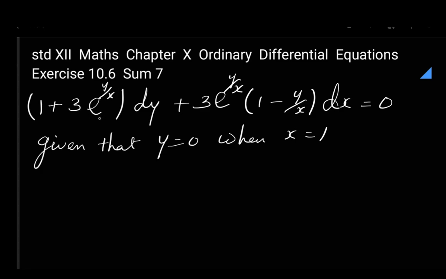So the degree of this term is also 0. Again here e^(y/x), y power 1, x power 1, so 1 minus 1 is 0. Again here y/x. So the degree of each term in this equation is 0. Therefore, it is a homogeneous differential equation.